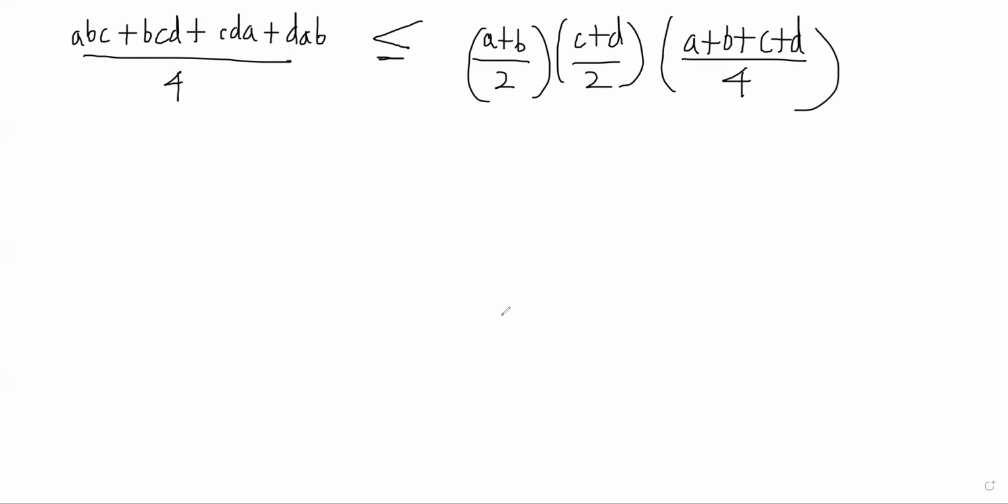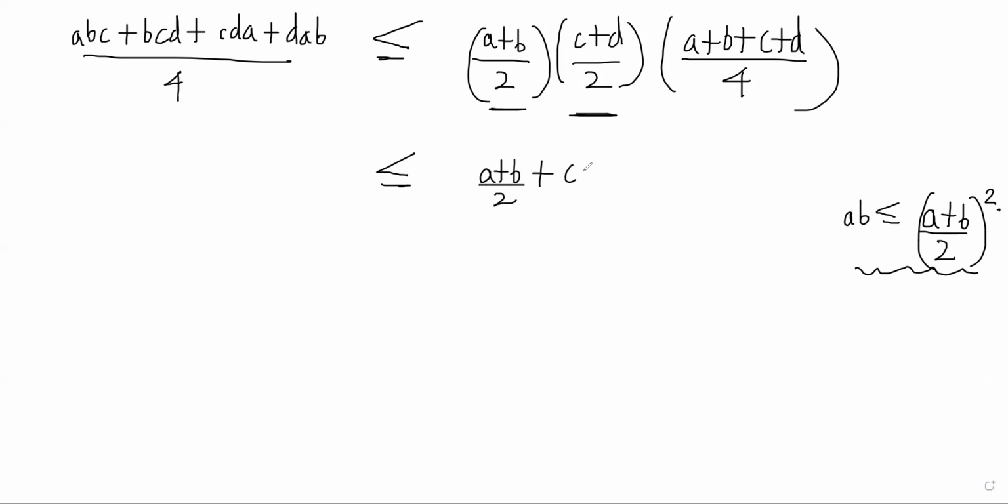And if you remember the lemma that we had, we will be using that again. But before that, I will use the fact that ab is less than or equal to a plus b by 2 whole square again. How do I use it? I'll use it on these two terms. So this is my x and y. So the product of x and y will be less than or equal to x plus y by 2 whole square. So I can say this is less than or equal to a plus b by 2 plus c plus d by 2, by 2, whole square, right?